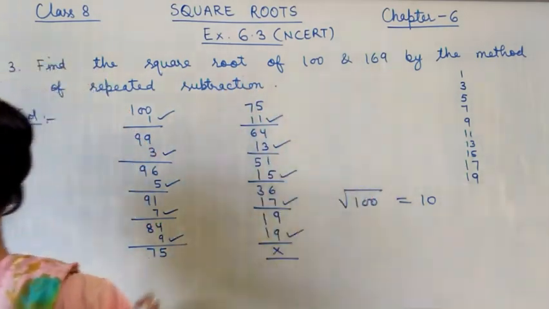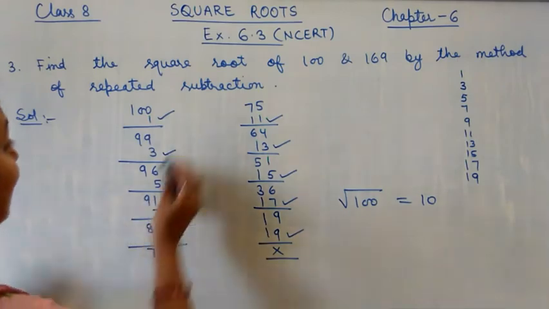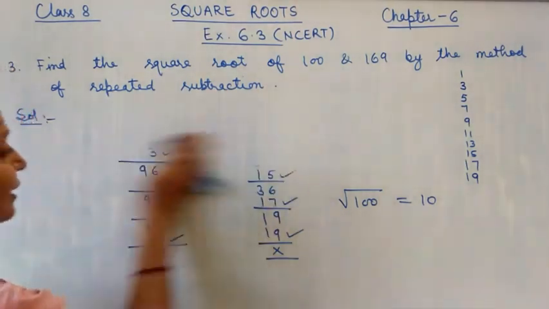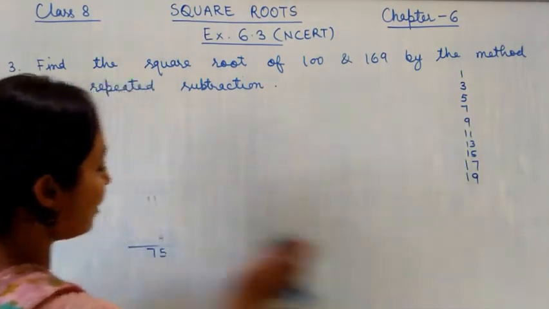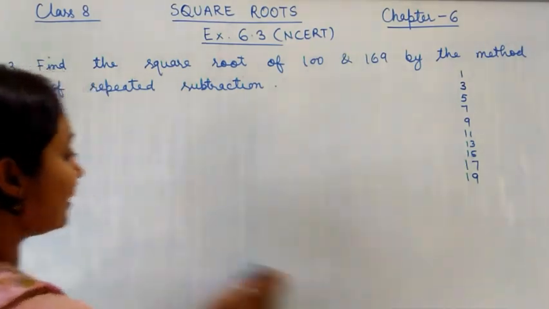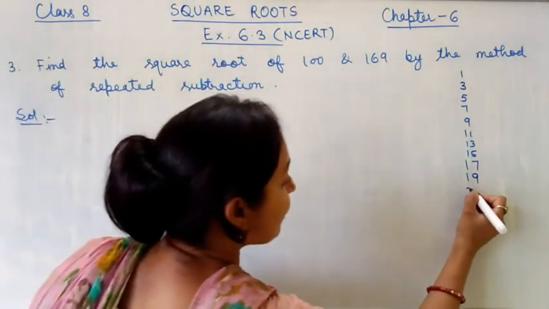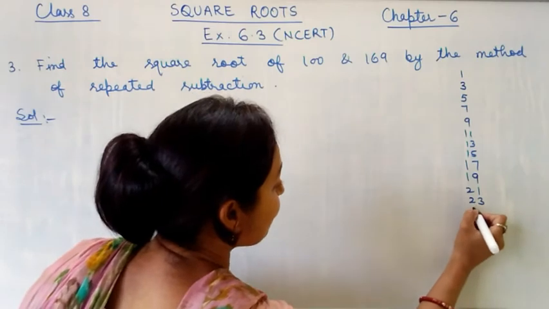Now 169. How can you find the square root of 169? I will do the subtraction like this. After 19 we have 21, then 23, then 25.